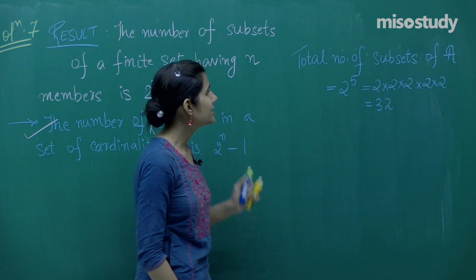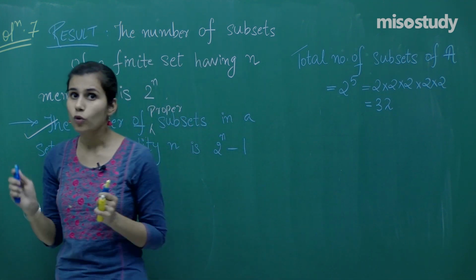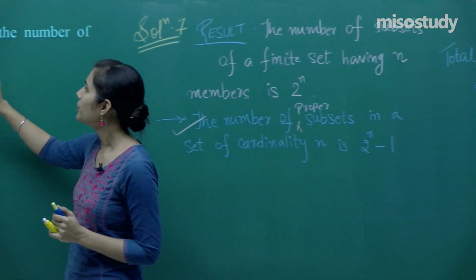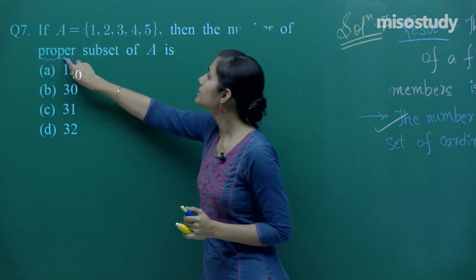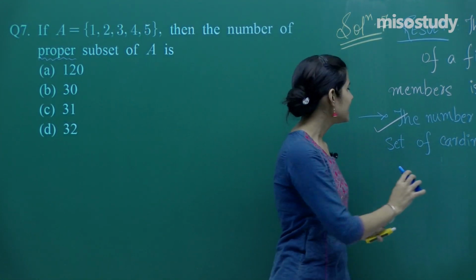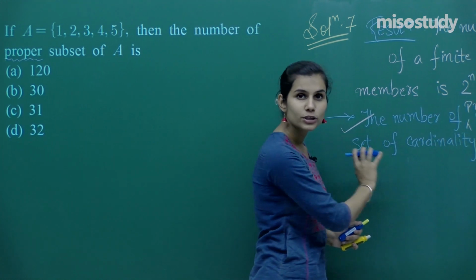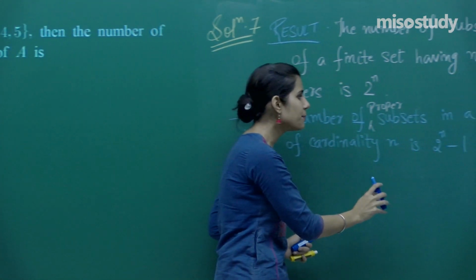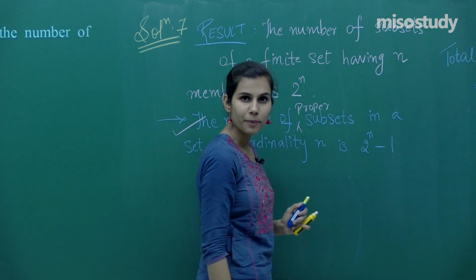I am not interested in total number of subsets. The question is saying, give me the number of proper subsets. This means this extension of the result is going to come into play and I am just supposed to reduce 1 from 2 to the power n.